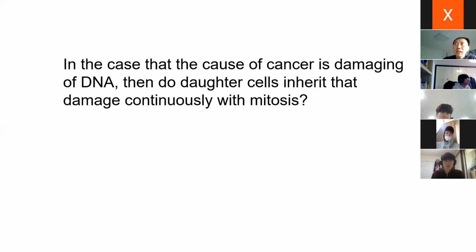If DNA is damaged, can that damage be inherited by the next cell or the next generation? If the damage is somehow repaired, sometimes it can change the sequence, and then a mutation can happen. If the mutation becomes one of those A, T, G, G, then yes, that mutated sequence will be inherited.